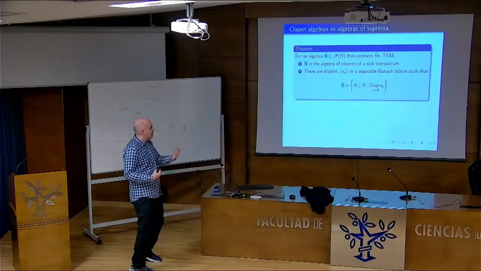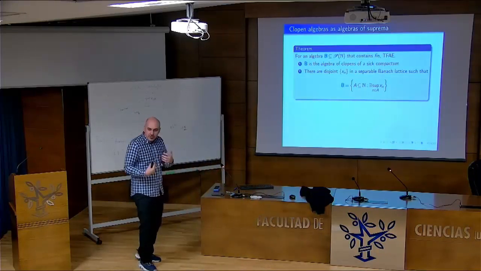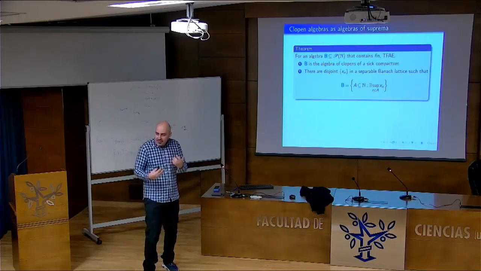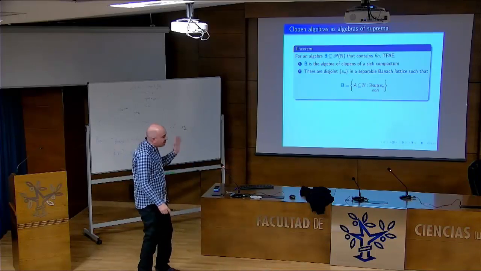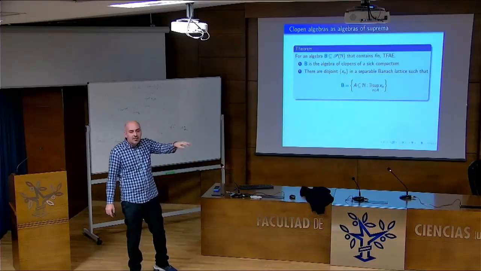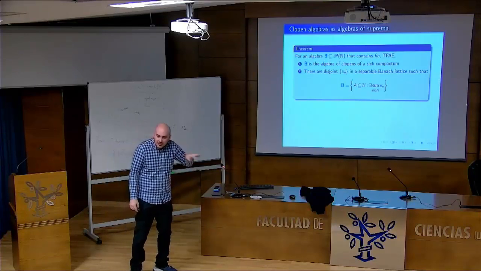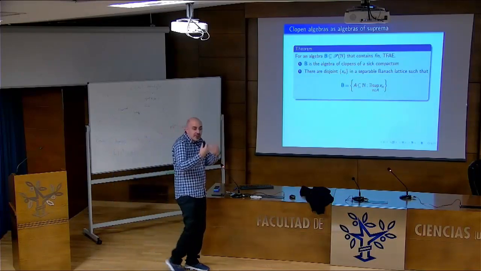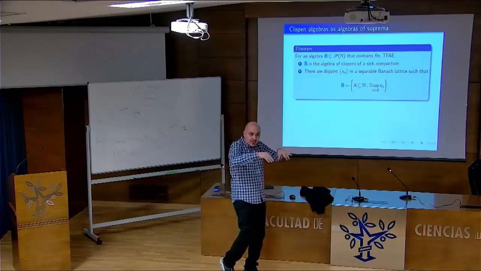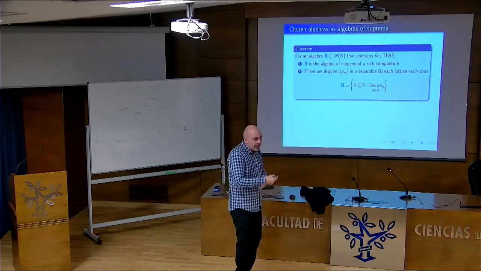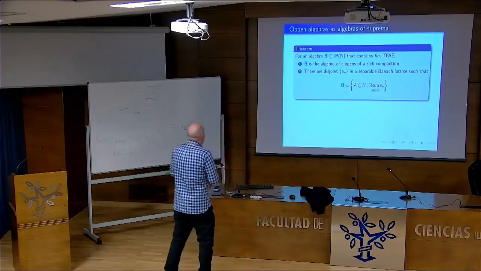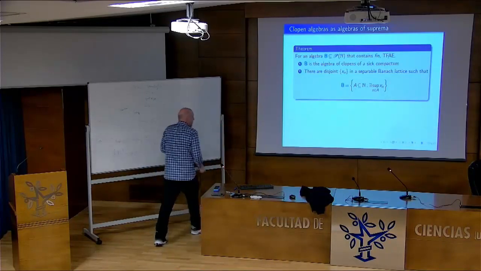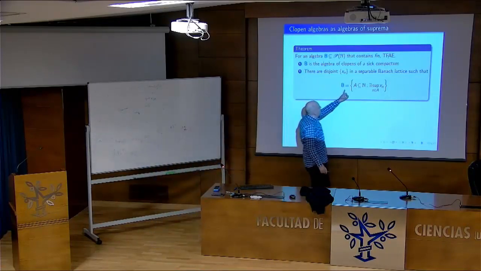Now I have a different way of analyzing which separable Banach lattices can exist. I'm taking disjoint sequences and looking at which subsequences have a supremum. So certain algebras we should be able to represent as the suprema of a certain disjoint sequence. Others we could not.